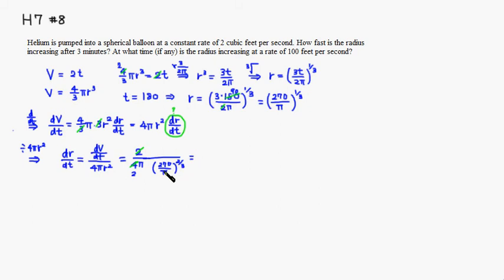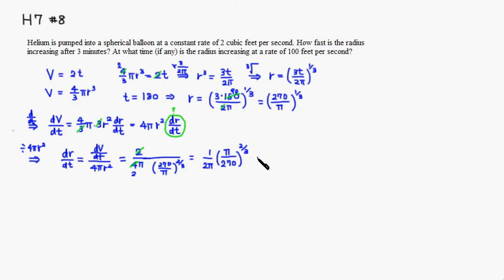Dividing by 270 over pi raised to the 2/3 power is the same thing as multiplying by the reciprocal, so I'm going to do pi over 270 and raise it to the 2/3 power. Notice that I took the reciprocal. Then you just need to divide by 2 pi.